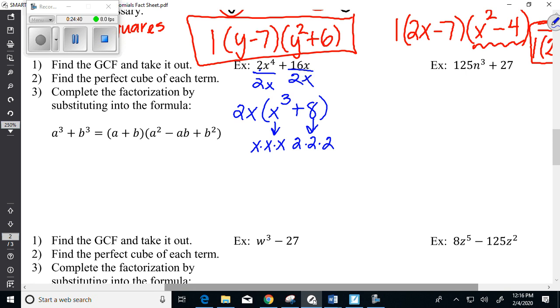So since you're able to do that, we're going to take an x and take a 2 and prepare to use the formula that goes with it. If you notice on the left-hand side, here is our formula for the sum of cubes. The x, since it came first in the problem, will represent the A part of the formula. 2, since it came from the second part of the problem, represents the B part.